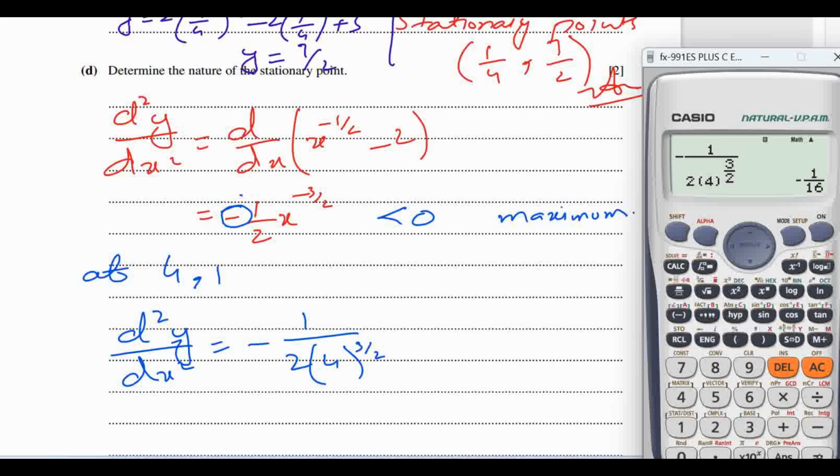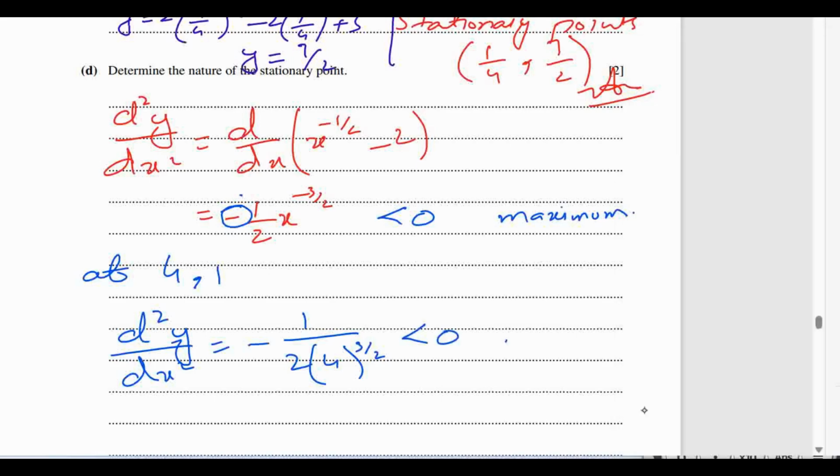So this will be equals to, what is the value of x? So as we can see that this will be less than 0. So the nature of the stationary point will be the maximum value. Maximum is the nature of the stationary point. So this will be the final answer.